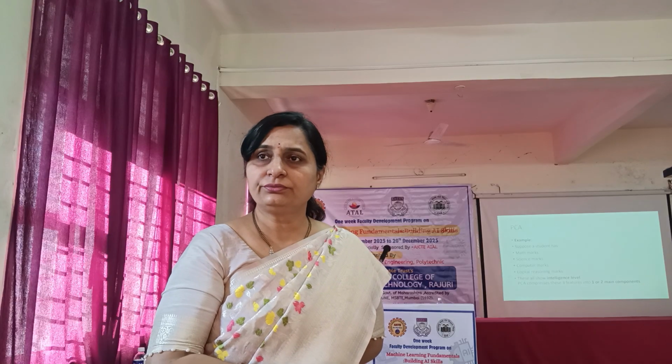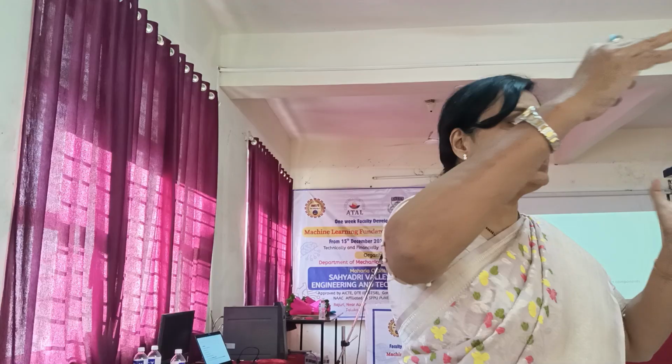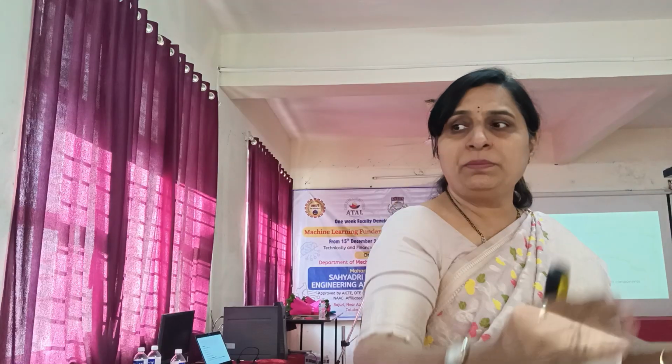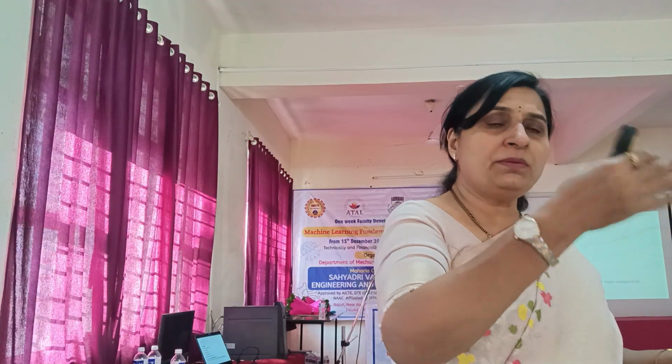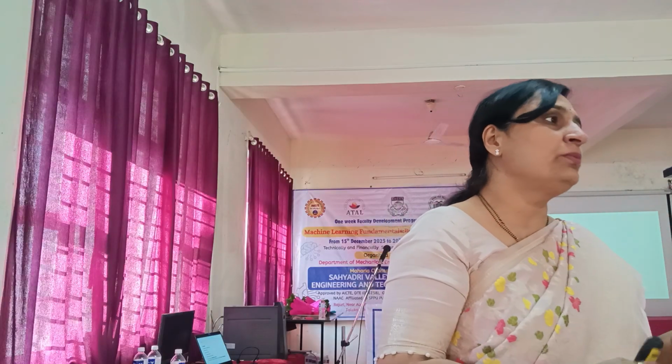Is it clear? This is for dimensionality reduction. Dimension means your features. It's not possible to execute your model with so many features, so you have to take only the important features. Out of 10 features, if 2 are important, how do we consider these as the 2 important features? For that you need to apply some techniques.